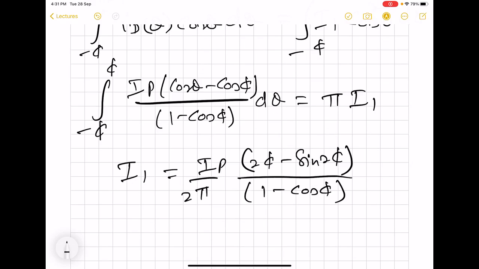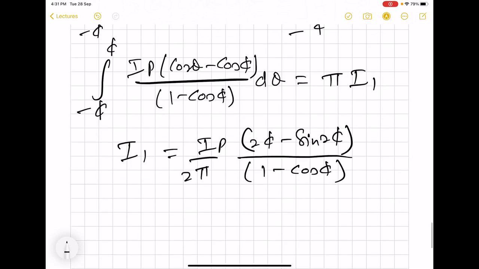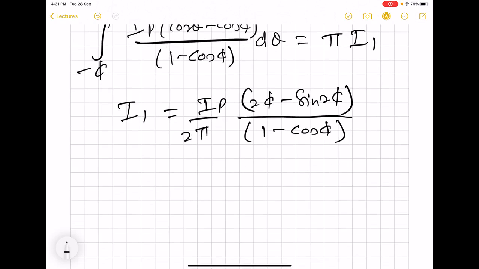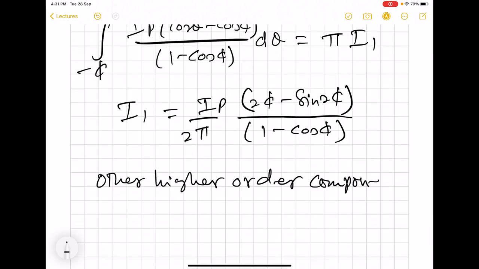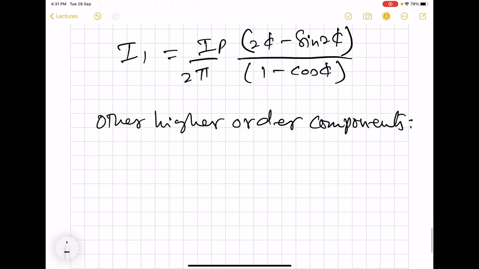so here we have the two important components, but one can try to find out the other higher order components. Say, for example, if we want to know the coefficient of IN, then for that case we have to multiply equation 1 on both sides by cos n theta and carry out the integration. So the final integration that we will have to handle is this one.